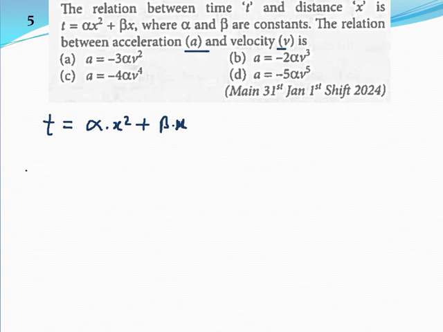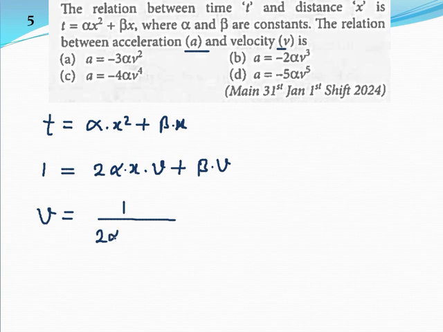Differentiating this with respect to time gives 1 equals 2 alpha x dx by dt, which is v, plus beta dx by dt, which is again v. So v we get here is 1 upon (2 alpha x plus beta).